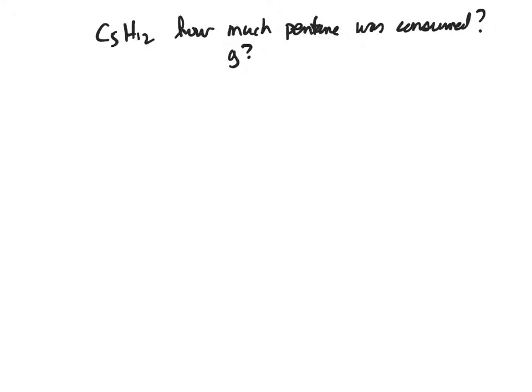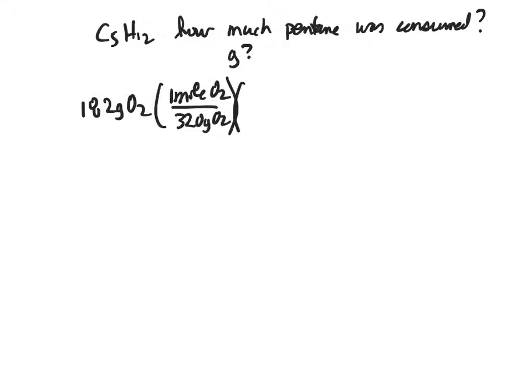So we're going to base our calculation on the limiting reagent. Our limiting reagent was the oxygen, so 182 grams of oxygen. Convert that to moles, and 1 mole of oxygen is the same as 32 grams of oxygen. Grams oxygen divided by grams oxygen.